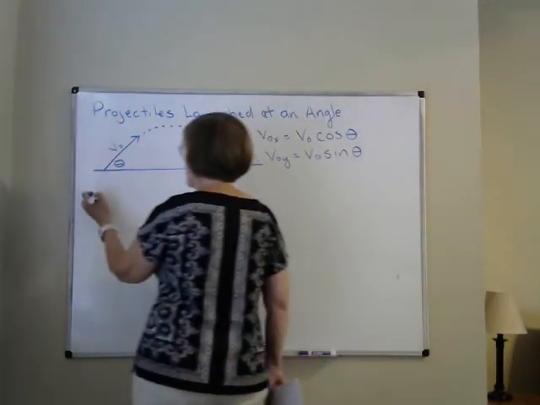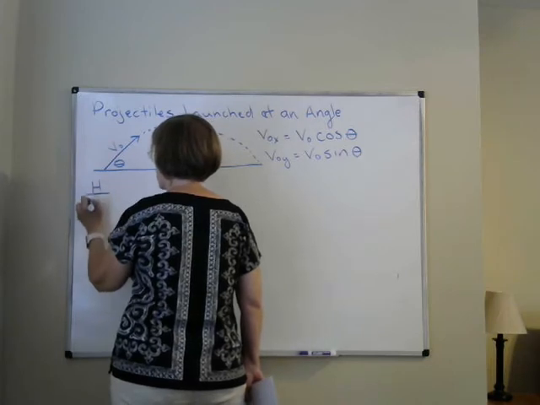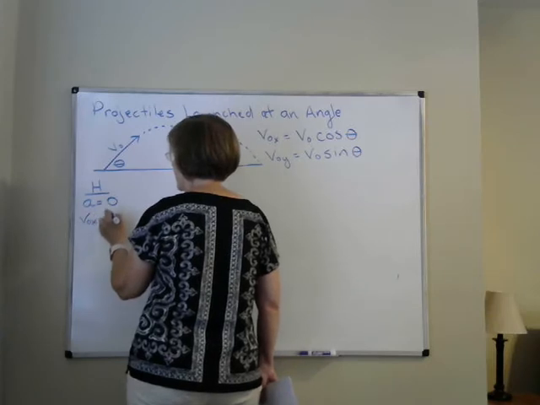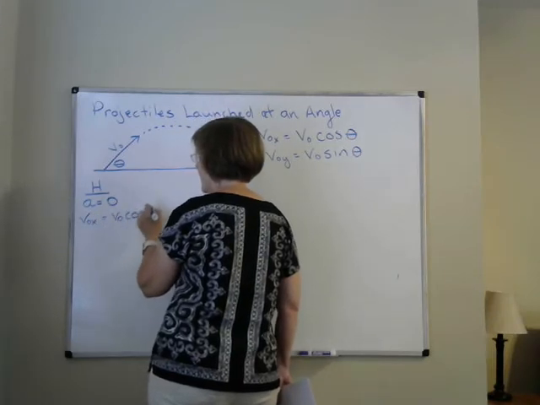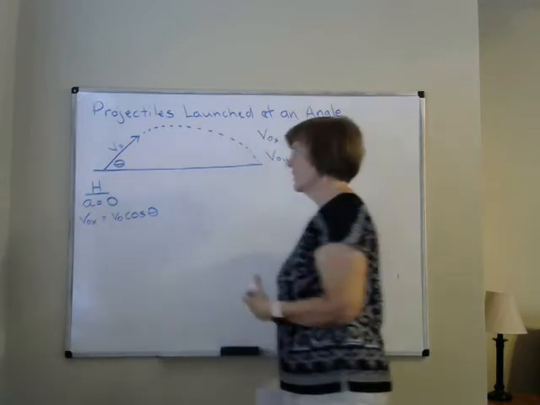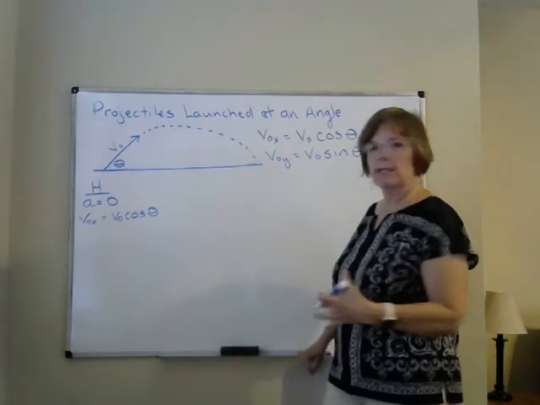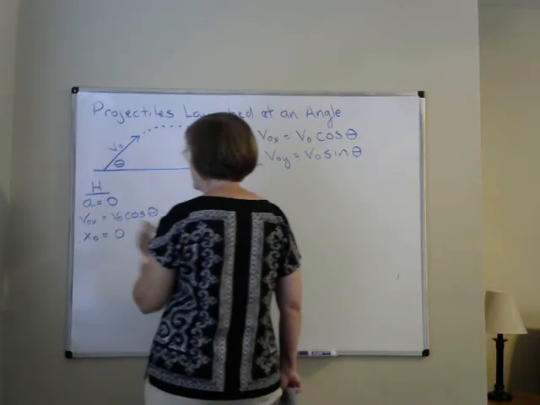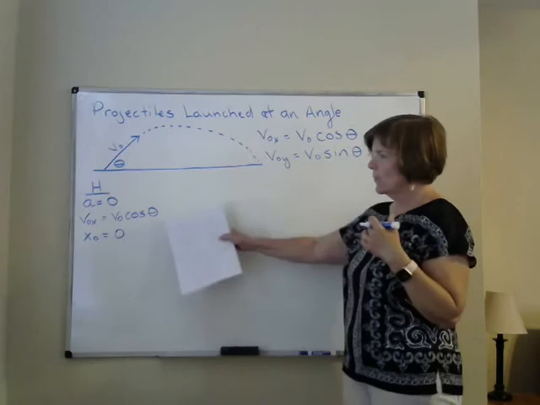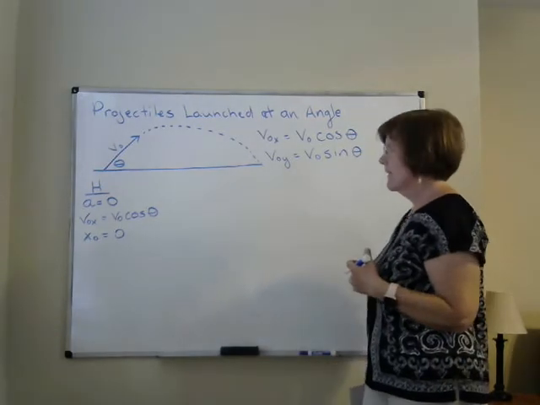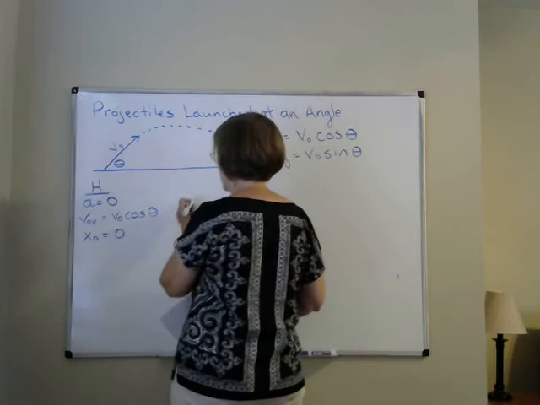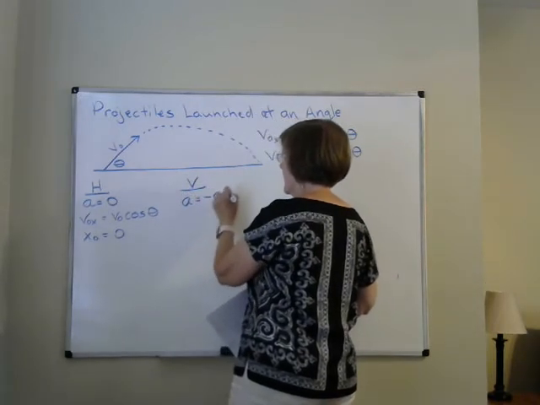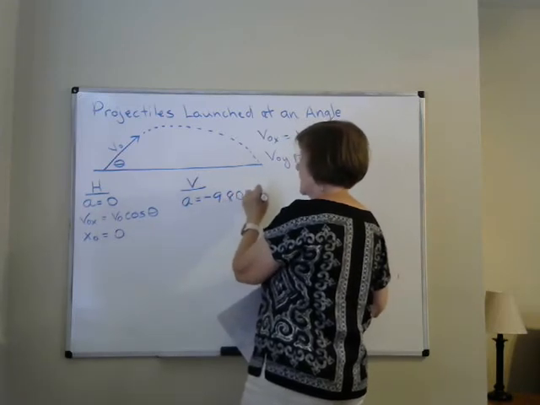So horizontally, acceleration is 0. The initial velocity is v0 cosine theta. Last time the initial velocity was the initial velocity, there weren't any components. And we can still let x0 equal 0. So that's pretty easy. We just have to remember we need a component of the velocity. Vertically, the acceleration is negative 9.80 meters per second squared.